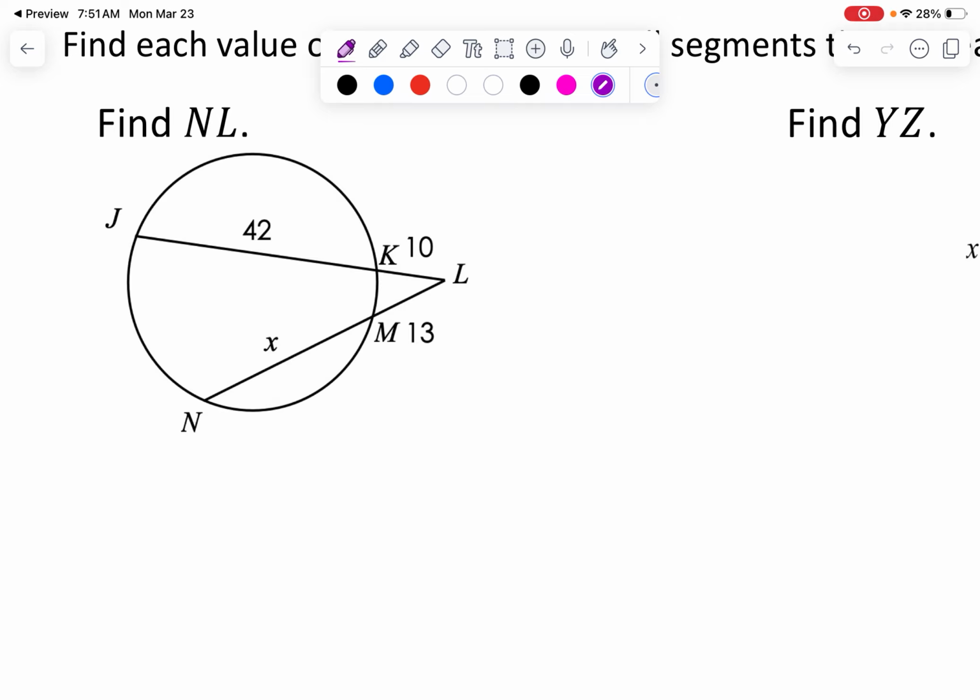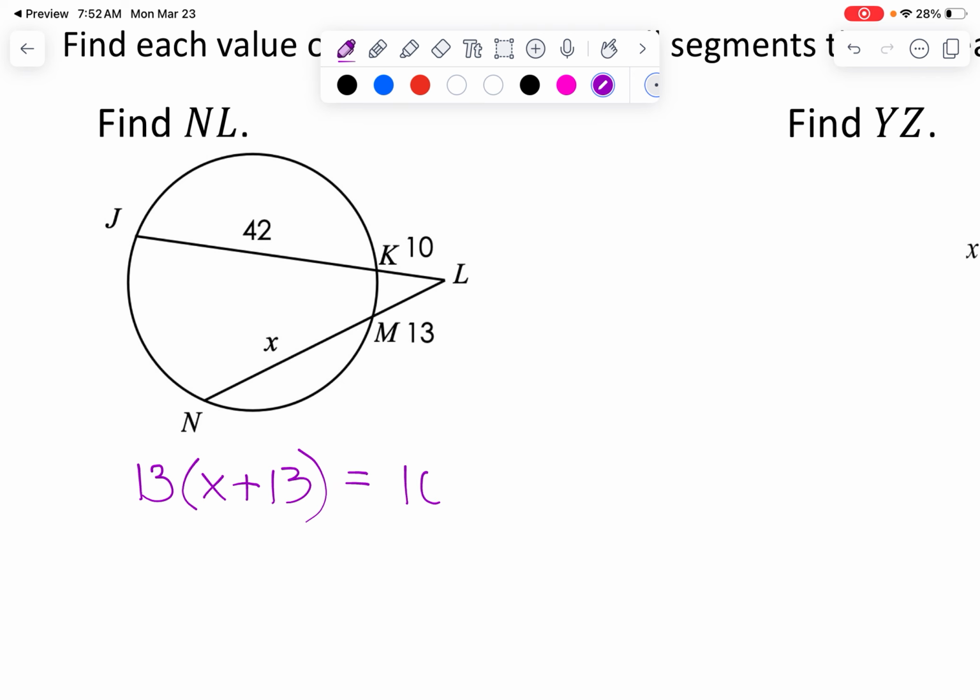In this first one, let's say I go outside. On the bottom one, we'll say 13 times the whole thing, which would be x plus 13, is equal to the outside 10 times the whole thing. 42 plus 10 would be 52.